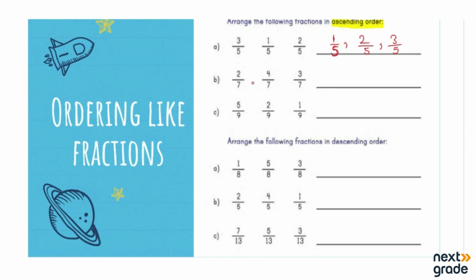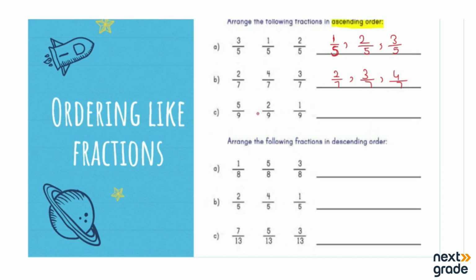ठीक है, हम next example देखते हैं. 2/7, 4/7 and 3/7. अब इसमें से सबसे smallest one कौन सा है? 2/7. Alright, and then we have 3, and then we have 4. Right, so this is how we arrange it in ascending order.